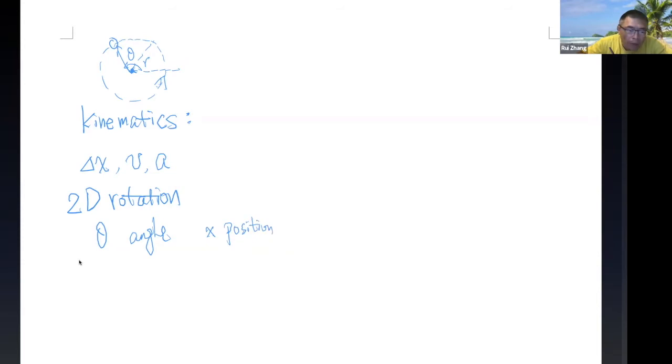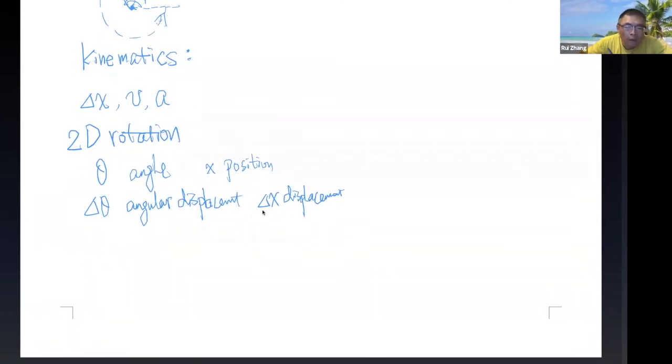And then we can talk about delta theta. This is called angular displacement, okay? Again, this is analogous to delta x, which is simply displacement. And then we can talk about something similar to v, which is omega, defined as delta theta over delta t, okay? It's called angular speed, or angular velocity.